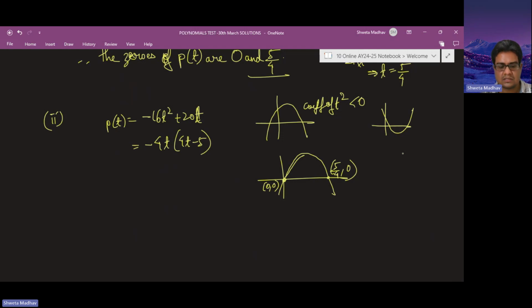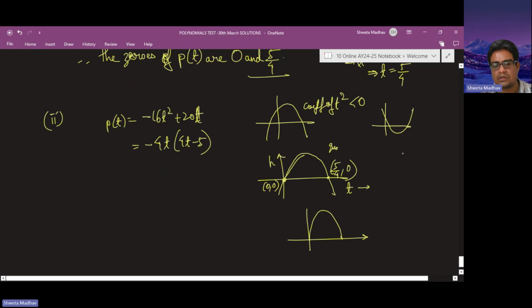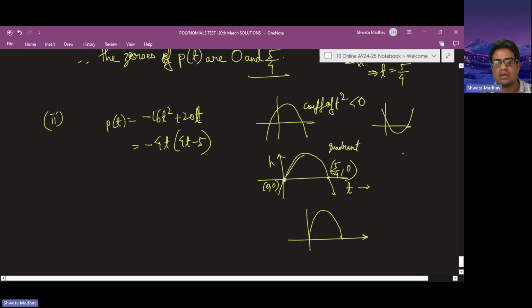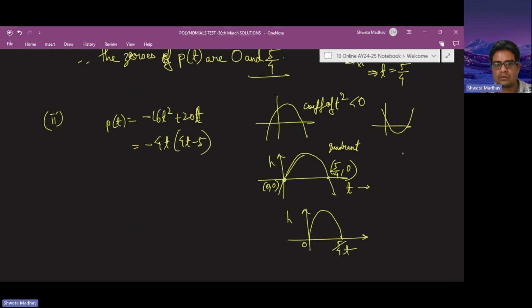And since it is a height versus time graph, time cannot be negative and height cannot be negative also. So only that part of the graph which is in the first quadrant will be the answer. So the h versus t graph will intersect at 0 and 5 by 4.